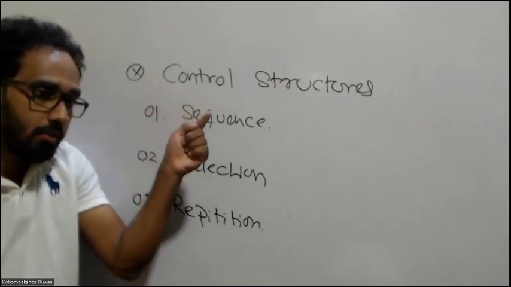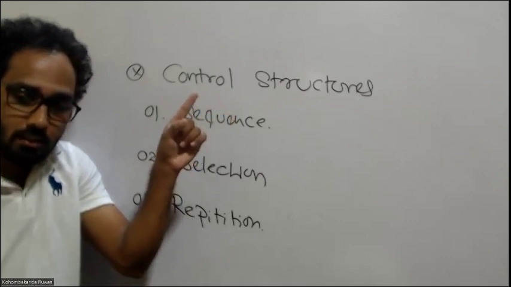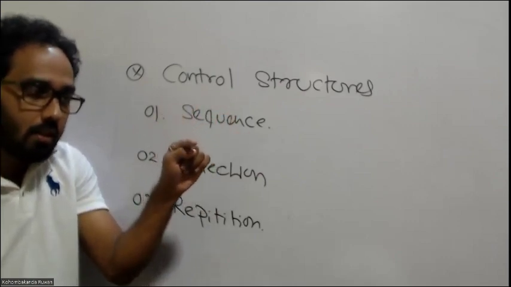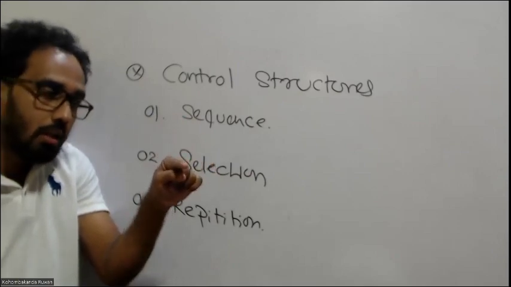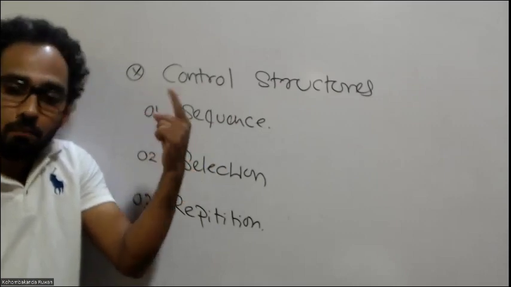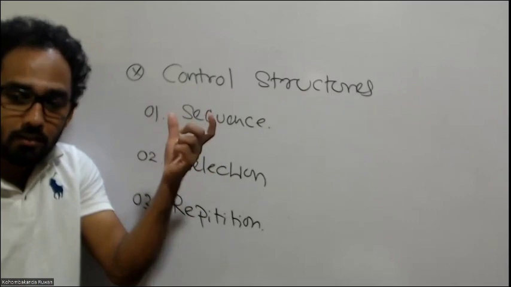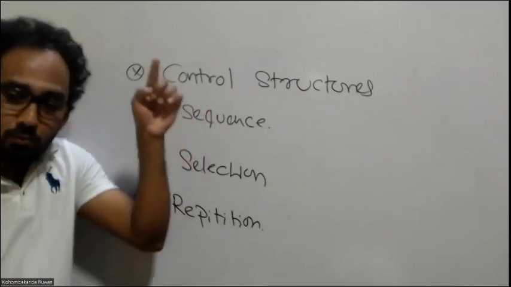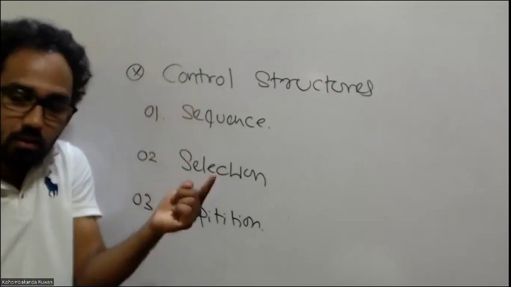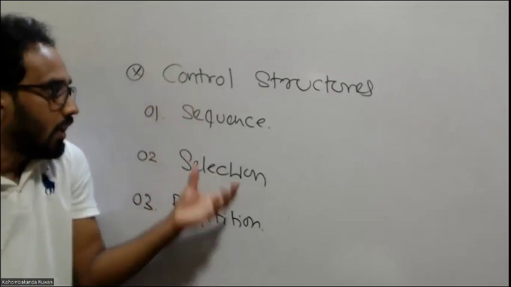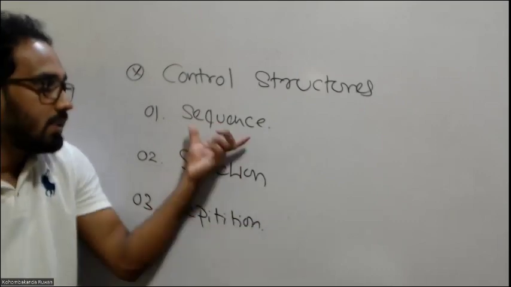First, we have to identify the length and width of the rectangle. Then we can calculate the area. We cannot calculate the area without finding the length and width. You need to complete the first step, then second, third, fourth, fifth, likewise. That is the example for sequence.